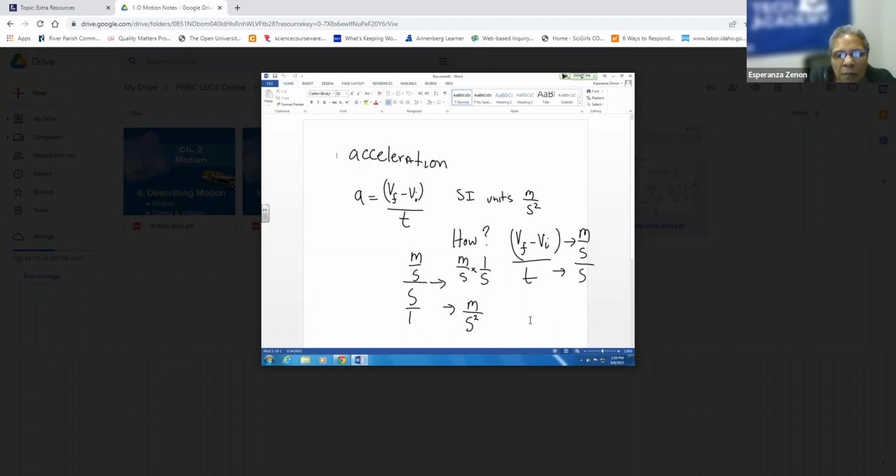They'll tell me meters per second cubed, and I don't know what property that is. Maybe I need to go back and do some more studying on physics. So you can see clearly, meters per second squared. I can't stress that enough.